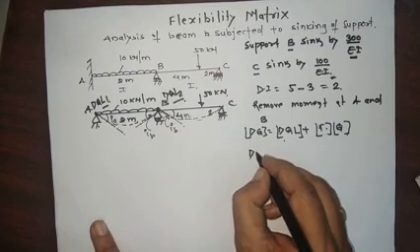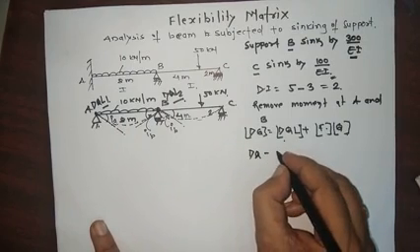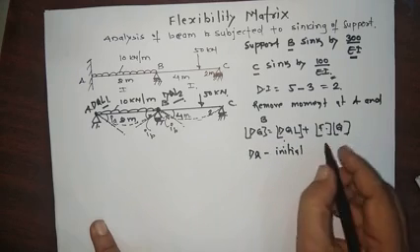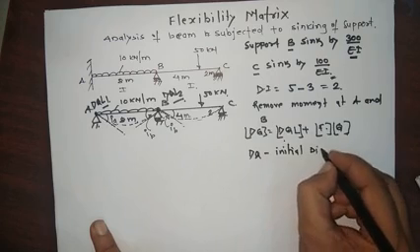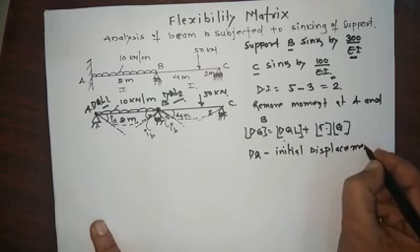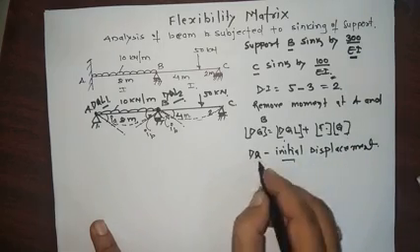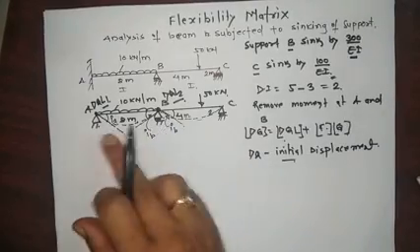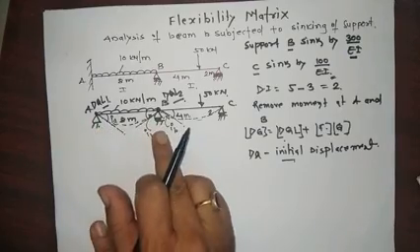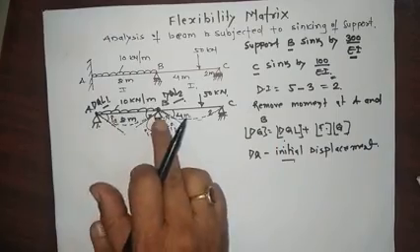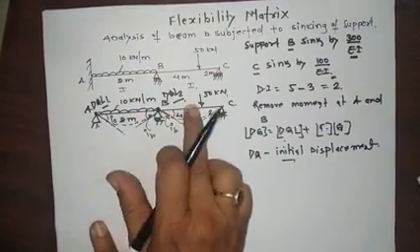And this DQ is important because the initial displacement, not action. This DQ is the initial displacement at the coordinates, that is at 1 and at 2, and this DQL is the action developed at 1 and 2 due to this external loading.